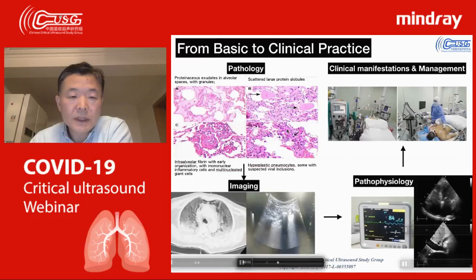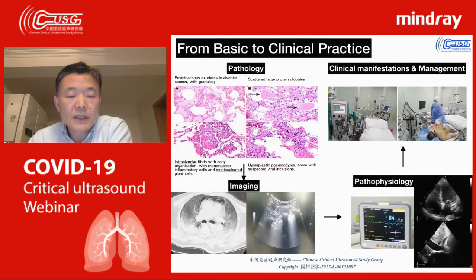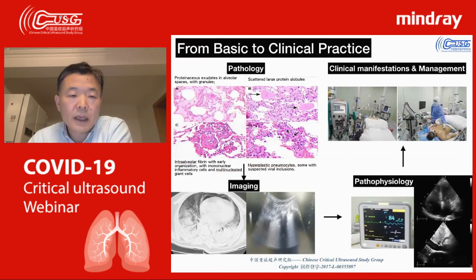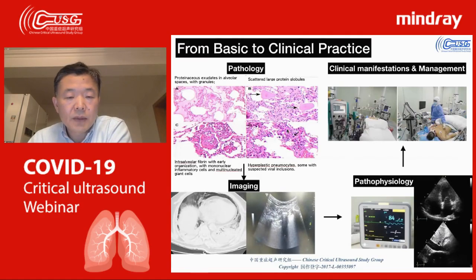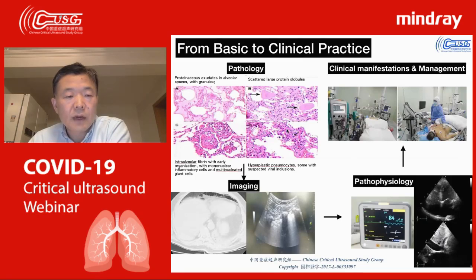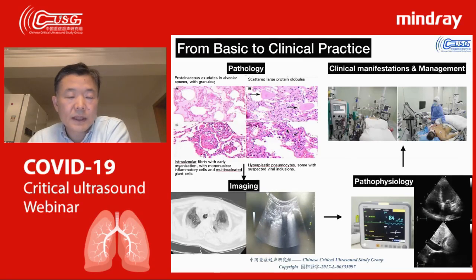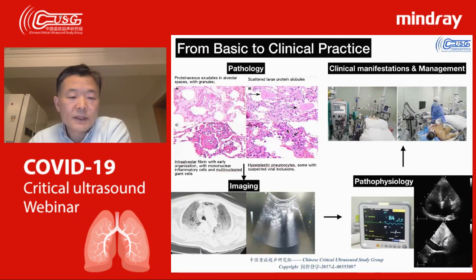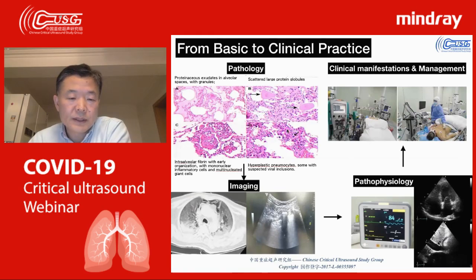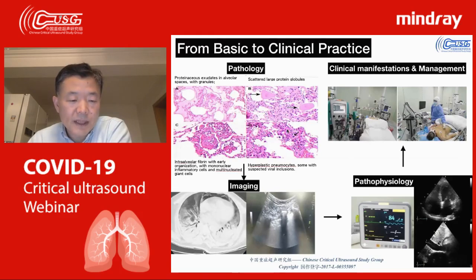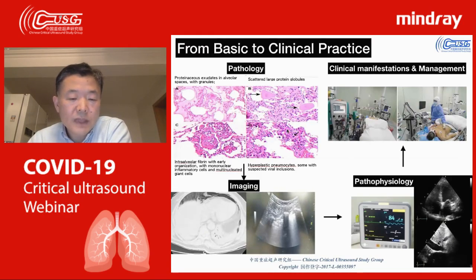Also, I think most of our doctors, if you want to take care of your patients, your thinking starts from the very basic part, the pathology. You see this is the first, and then you combine this change with imaging, for example CT scan, chest X-ray, and even lung ultrasound.